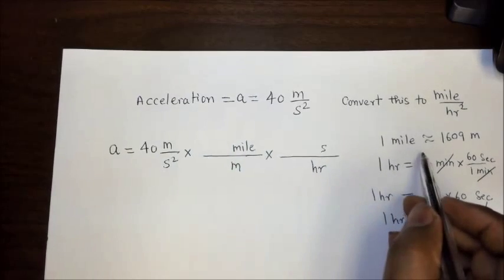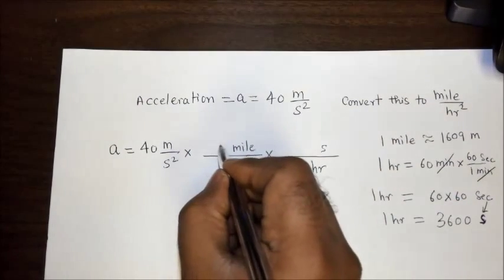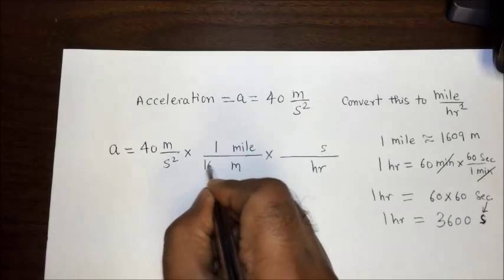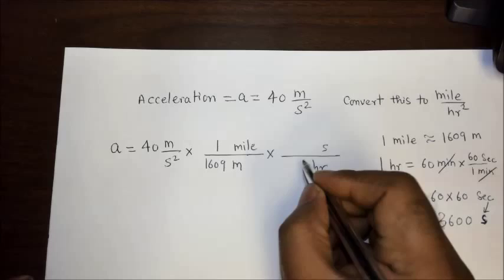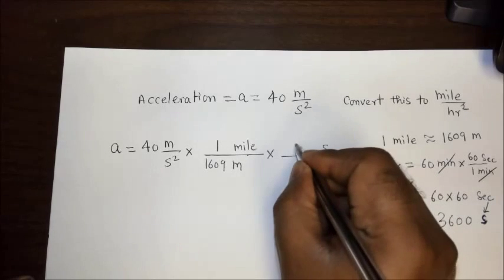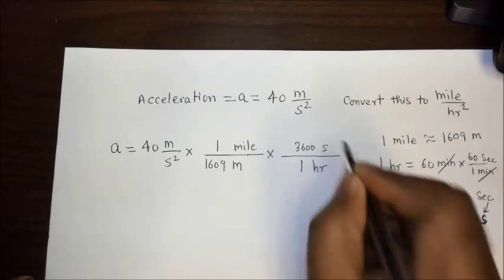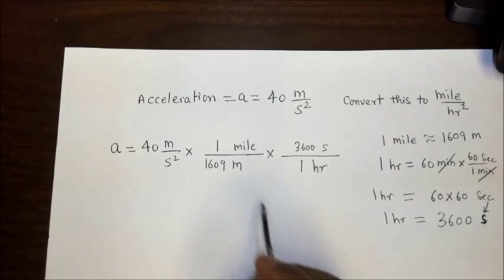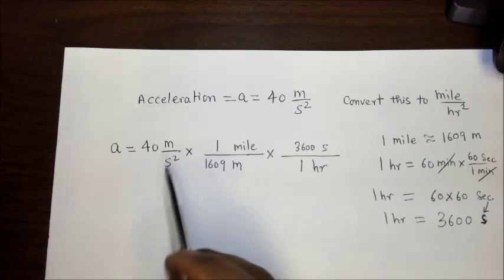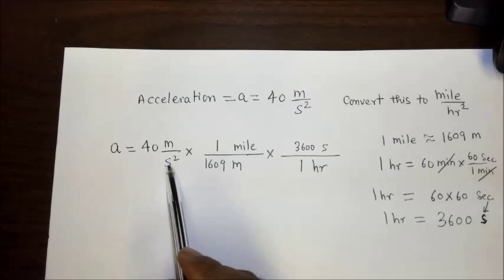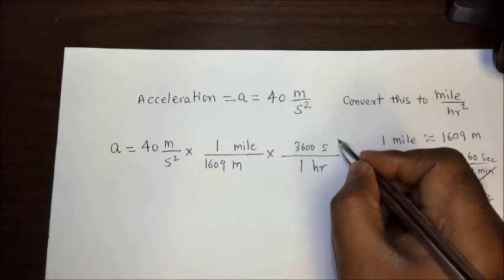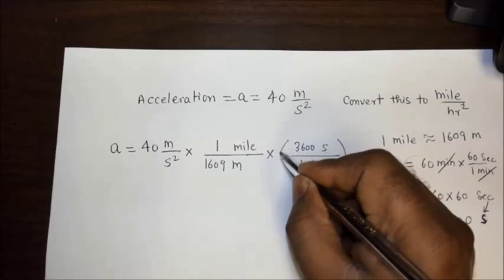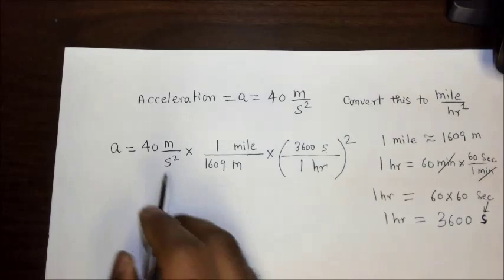Now let's connect with the numbers. 1 mile is 1609 meter approximately. 1 hour is 3600 seconds. So the problem here is second square and here is second. So what I got to do? I got to square the whole thing.